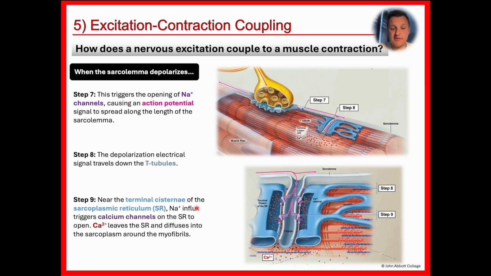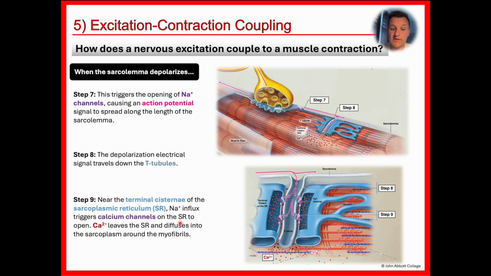And near the terminal cisternae, remember that the T tubules here are sandwiched between two terminal cisternae of the sarcoplasmic reticulum. Here you see this wave, the action potential coming down, this wave of electrical activity. This sodium influx will trigger these purple calcium channels on the sarcoplasmic reticulum to open up.